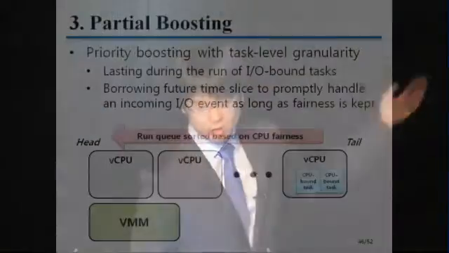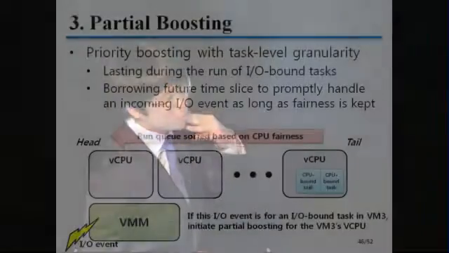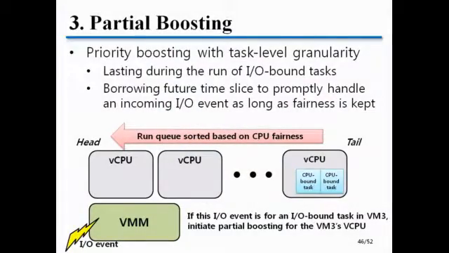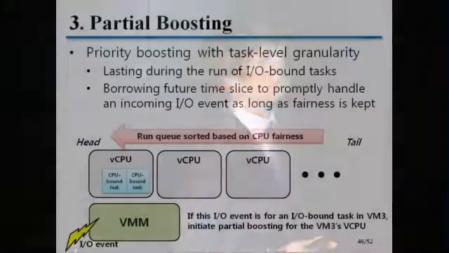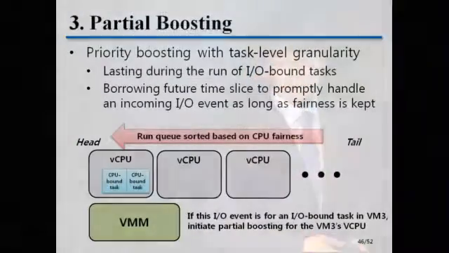So back to the earlier example. When an I/O event is coming in, the VMM checks if this I/O event is for the I/O-bound task in the VM3, and then initiates the partial boosting for VM3. In this case, the I/O-bound task can quickly handle the pending event and then block for the next one.